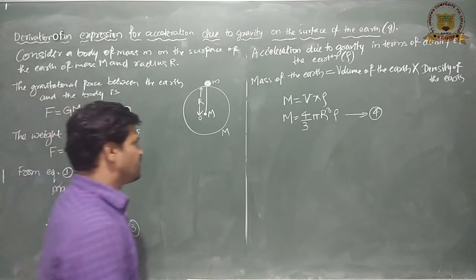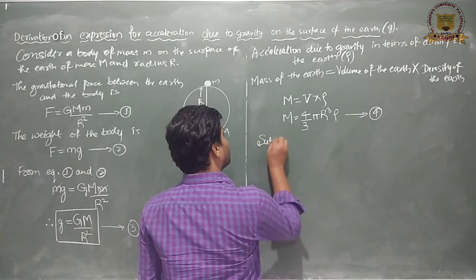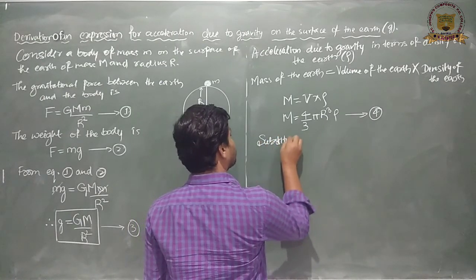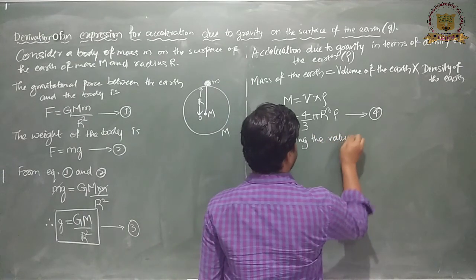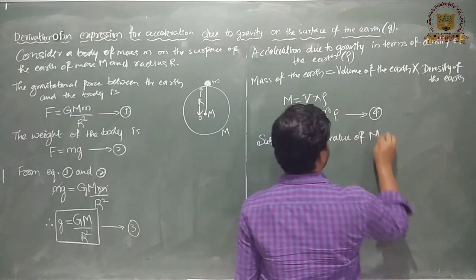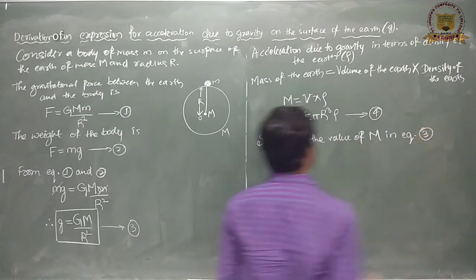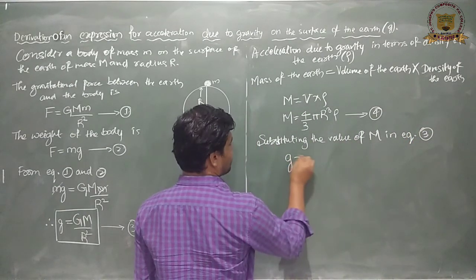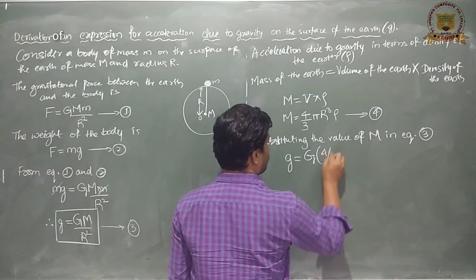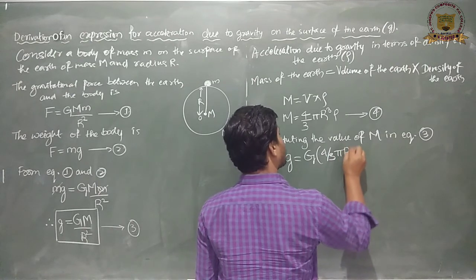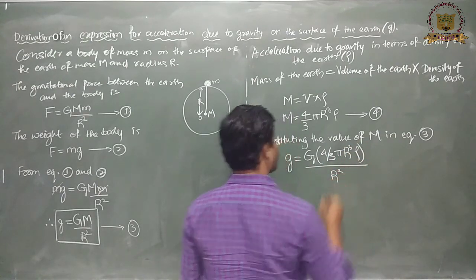Now substituting the value of M in equation number 3, we get g equals capital G into M, where M is 4 by 3 pi R cube into rho, divided by R square.